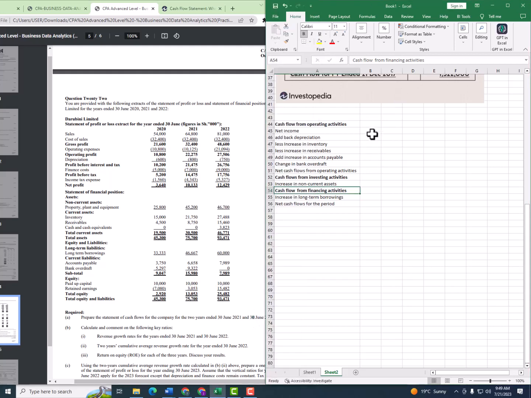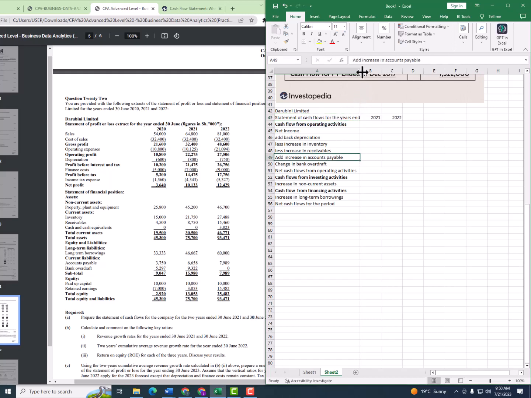So the first shall be June 2021 and 2022, and we can also have the title, and our title is, we are told the company's name is Darubini Limited, statement of cash flows for the years ended 30th June.